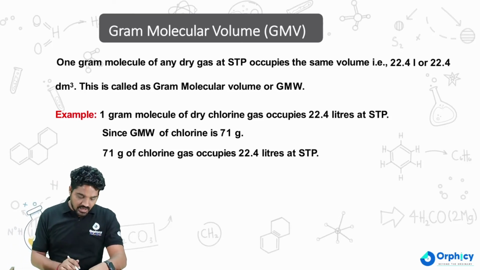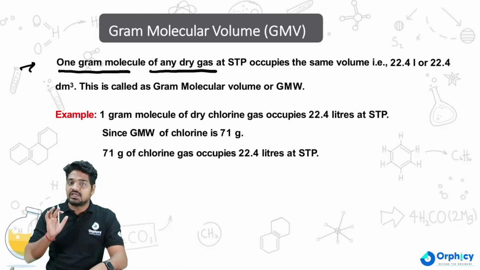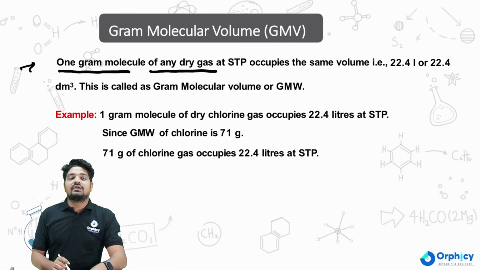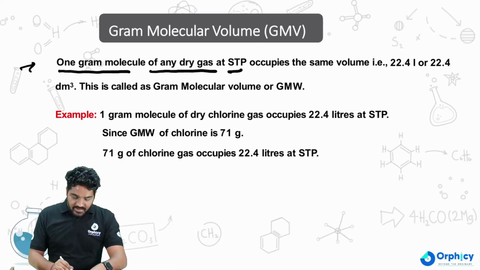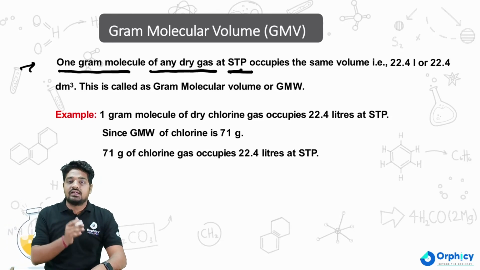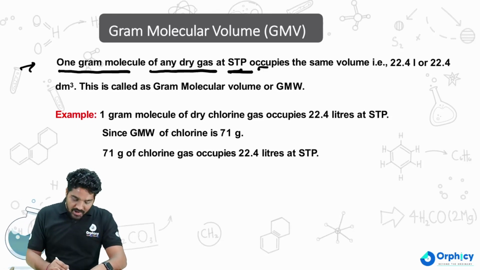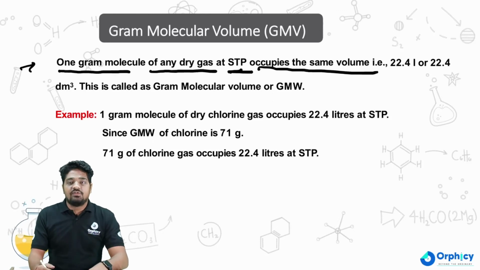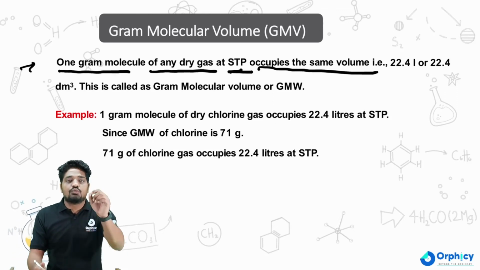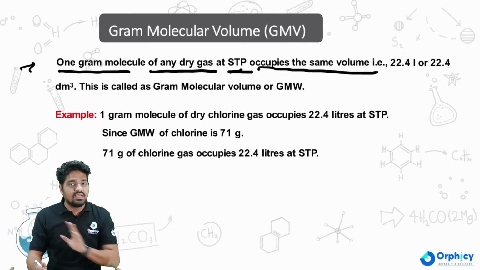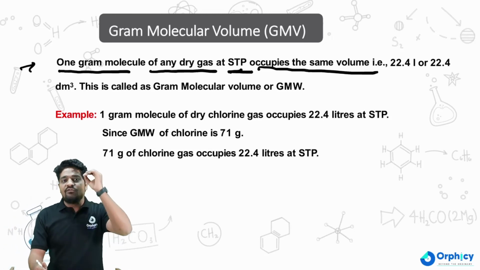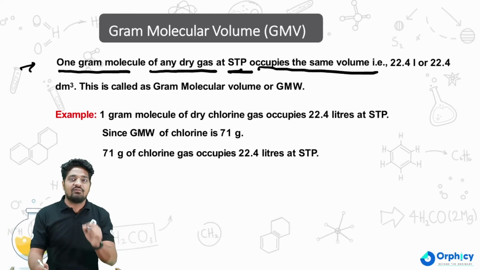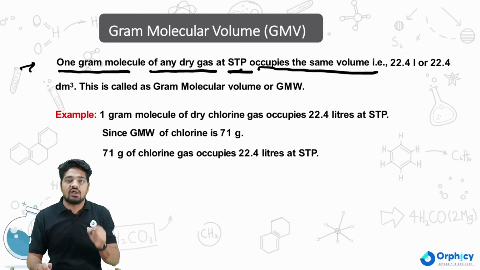So now let's start this. 1 gram molecule of any dry gas at STP, STP is standard temperature and pressure, occupies the same volume. Here it is given 22.4 liter volume ही होने वाला है. So in a simple manner, 1 mole of any dry gas at STP will have the volume equal to 22.4 liter.